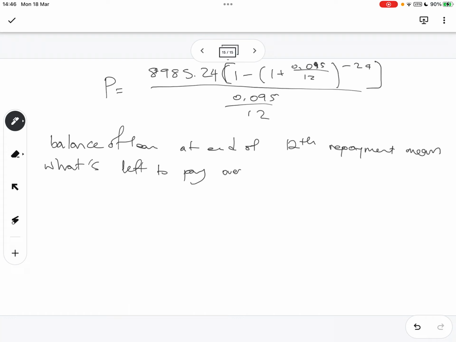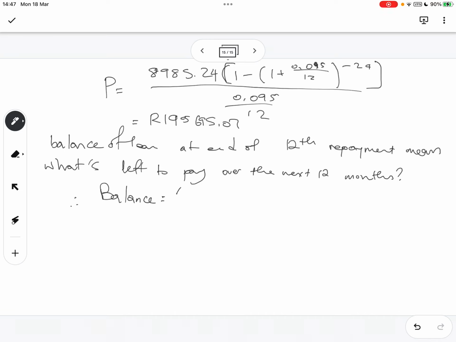It's the 36 months minus 12 months, which gives 24 months. And that's the first way that it can be done, and the answer is simply 195,695.07.